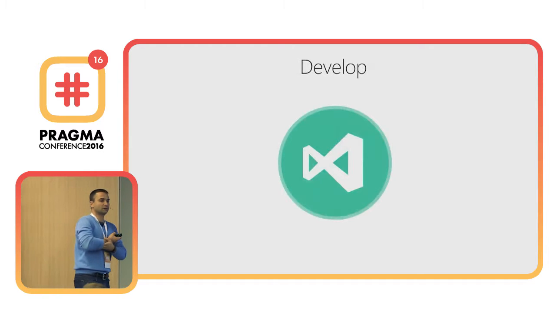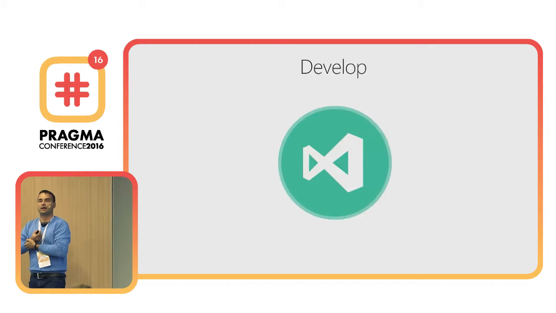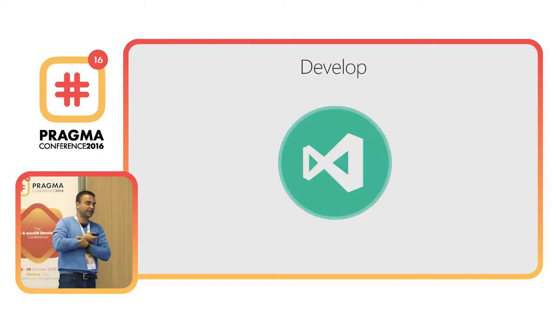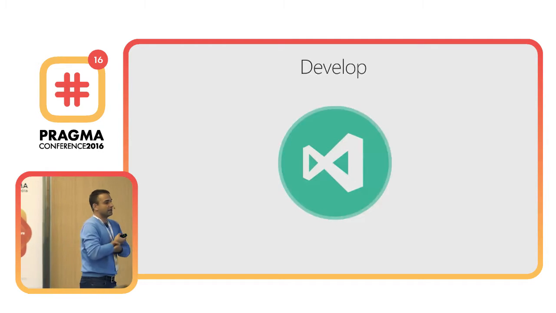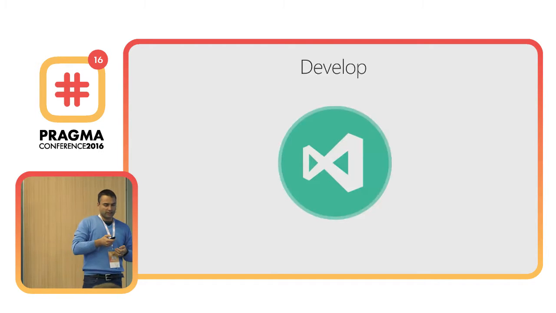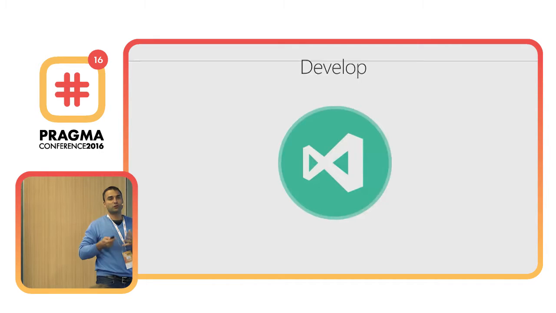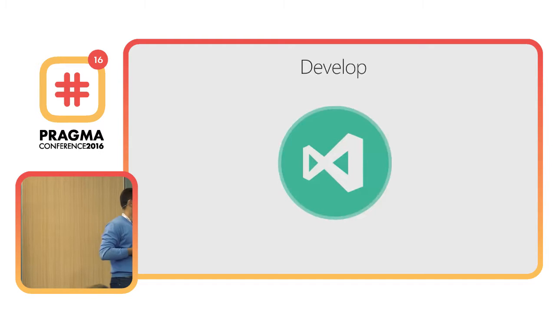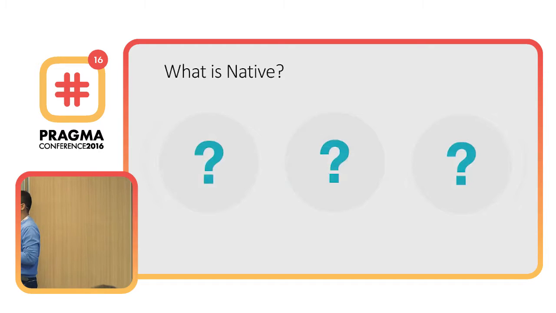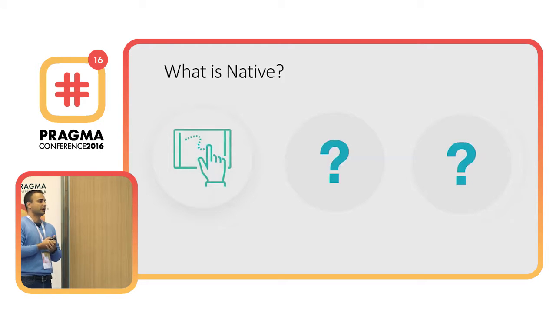When we talk about Xamarin and application development, we talk about native development. All the applications developed with Xamarin tools on iOS and Android are native applications. What makes an application native? I think there are three major areas that make an application native. The first part is native user interface.